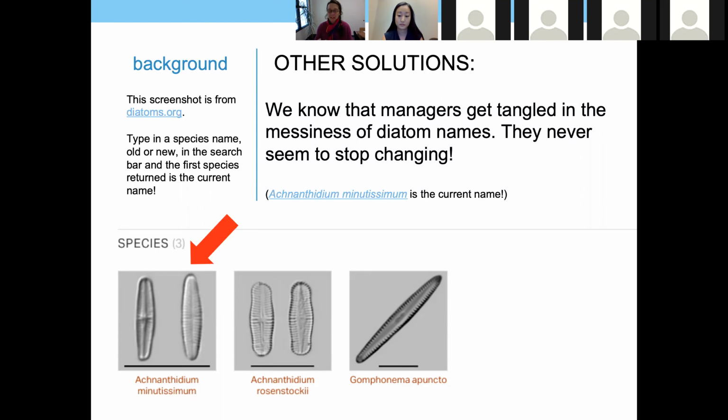So we want to allow you to find it, whether you know the original name or a name from 20 years ago or the current name. Even when people were misidentifying taxa by wrong names, we know people used to call a certain taxon by an incorrect name. We have those tagged so that it's going to take you to the right name.